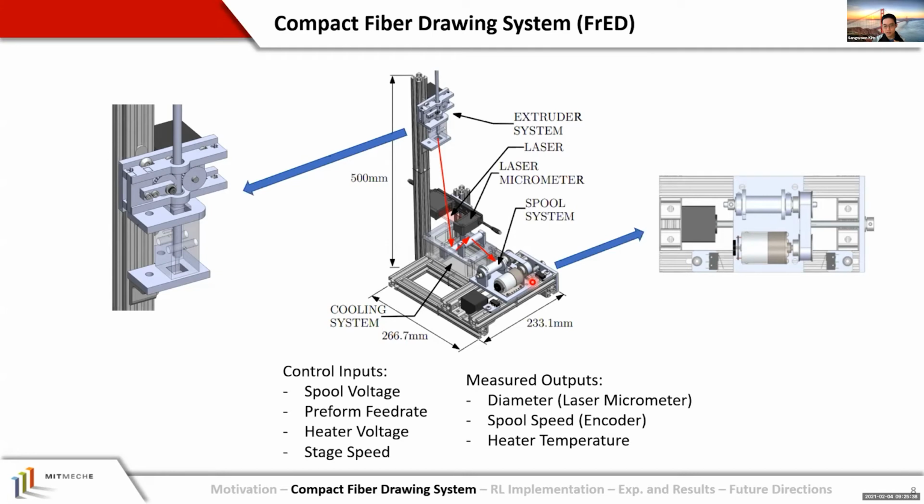This system takes several control inputs and measures several outputs. As the control inputs, it takes spool voltage, preform feed rate, etc. And as the measured output, it measures the diameter of the fiber and spool speed, etc. Based on these inputs and outputs, our controller will regulate the fiber diameter.